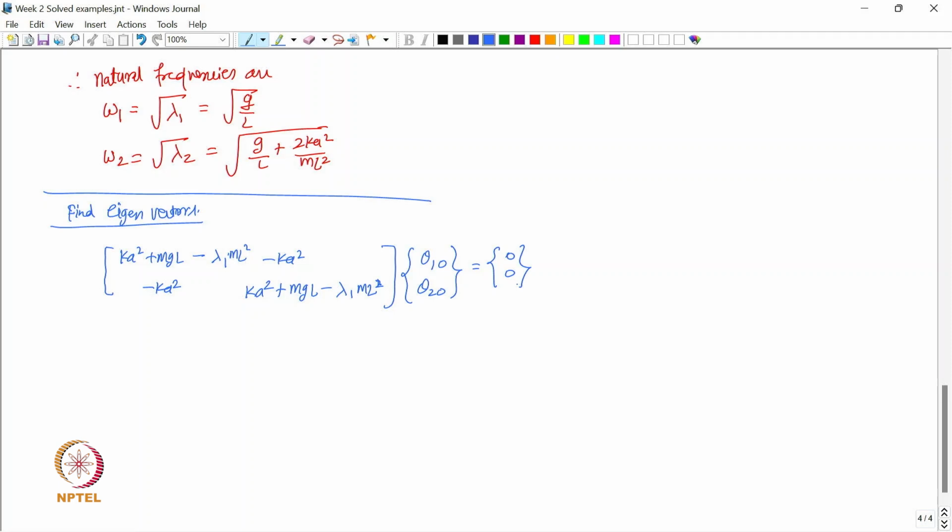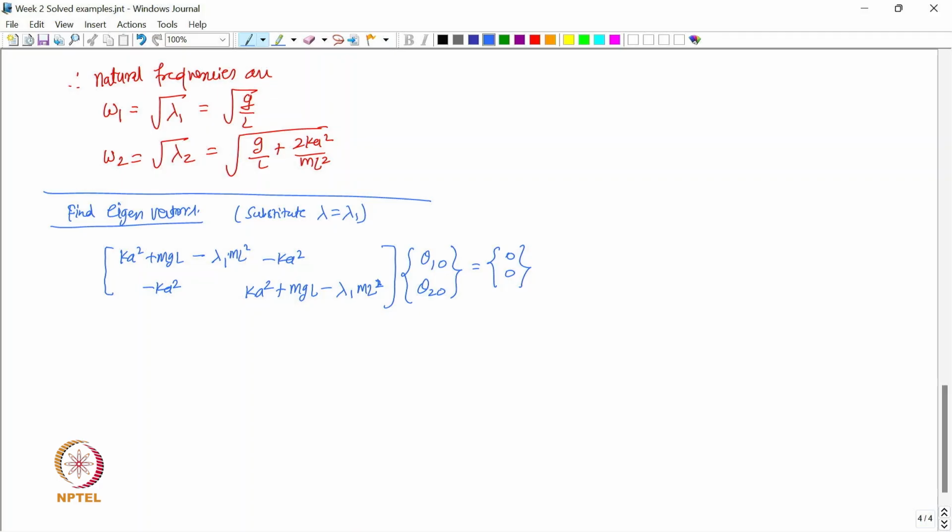So we have substituted λ equal to λ1, because we are interested in finding the corresponding eigenvector. And now we solve for this vector θ.